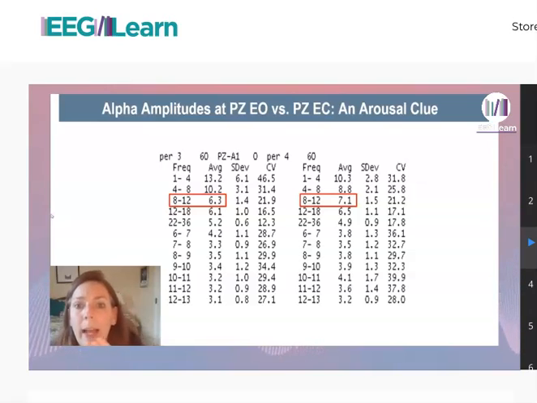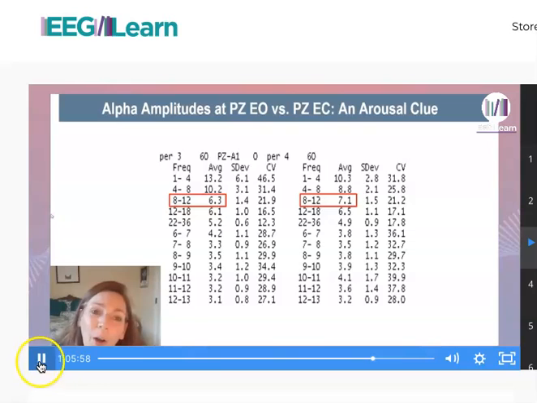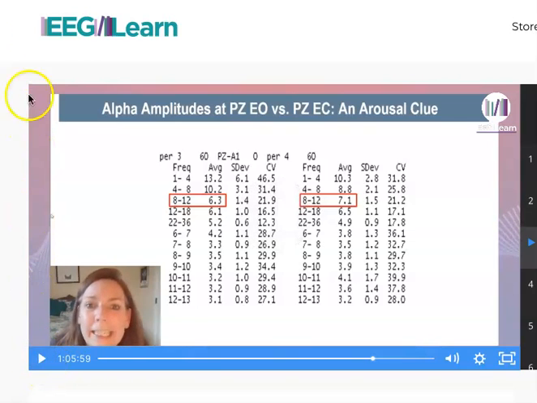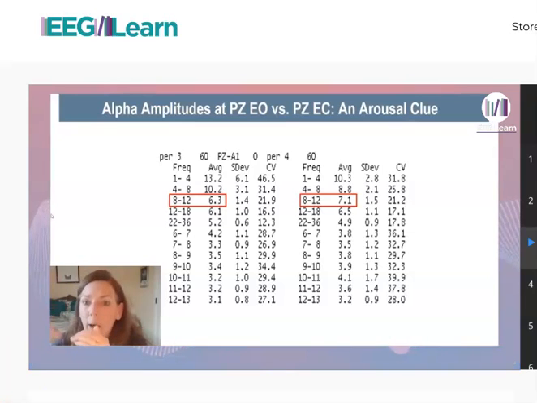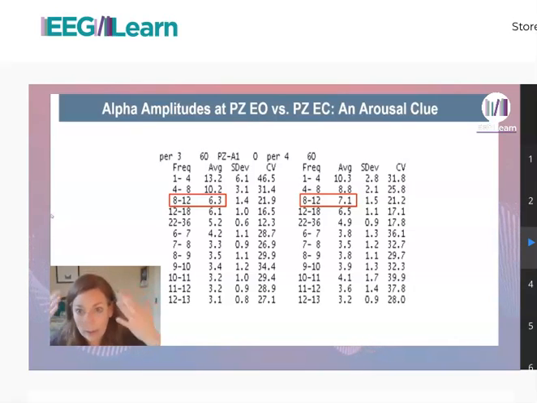Now, if that alpha amplitude had gone all the way up to, well, I don't trust my multiplication skills, if it had gone all the way up to 18.9, if it more than doubles and approaches tripling, that can be a sign of hypervigilance, again, of letting all that sensory information in to make sure that no one's sneaking up on them.